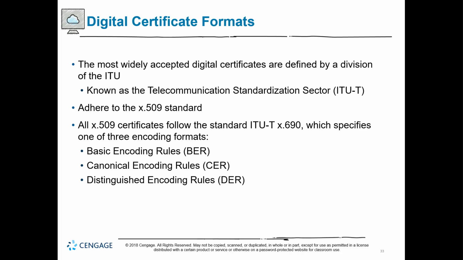All right, so digital certificate formats. Certificates come in multiple formats. You can have an International Telecommunication Union standard certificate, the ITU certificate. You could have an X509 standard. While X509 certificates follow the traditional standard, they also allow for different types of encoding: basic encoding rules, canonical encoding rules, and distinguished encoding rules.